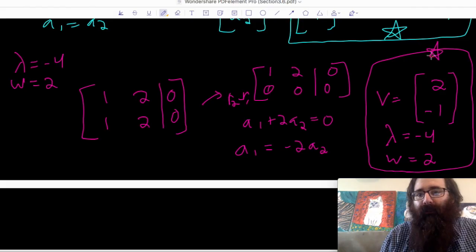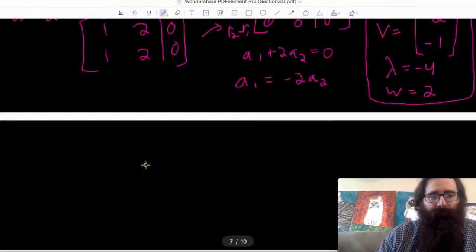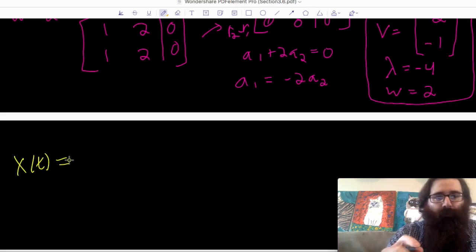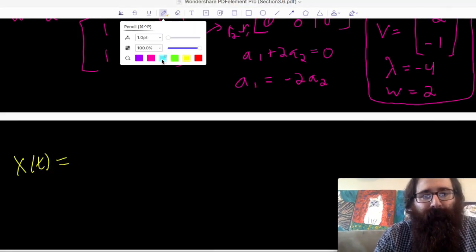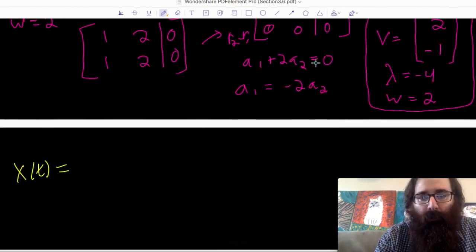Now we are ready to build our solution. Maybe let's color code it so we can see where the pieces are coming from. So x at t is equal to, let's start with the first piece we did in the baby blue. I want this eigenvector that I built, which was 1, 1.